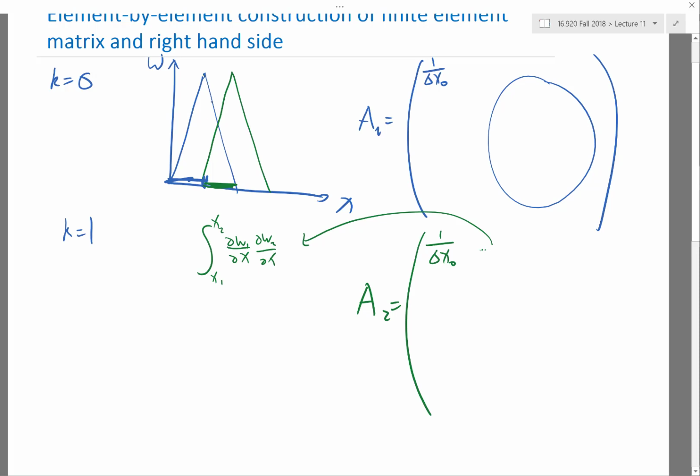So it's this one times the derivative of this times the derivative of this. This is actually x1, not x0, because I'm integrating over the green. And this is minus 1 over x0, this is minus 1 over x0, and this is 1 over x1. So this is all x1.